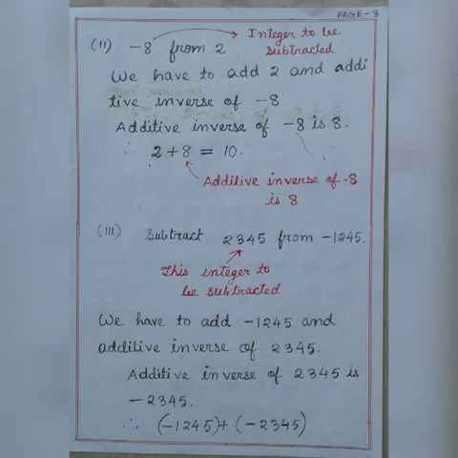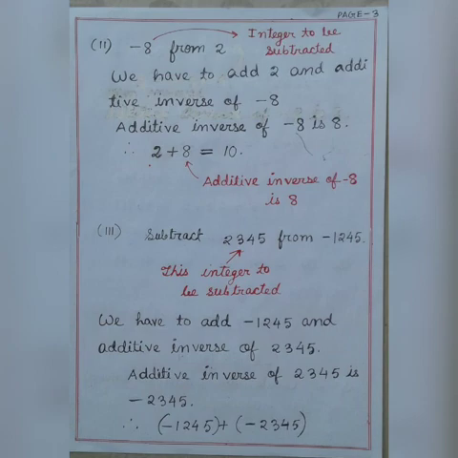Additive inverse of 2345 will be minus 2345, the opposite of 2345. Therefore, minus 1245 plus within bracket minus 2345 will be the result of subtraction.